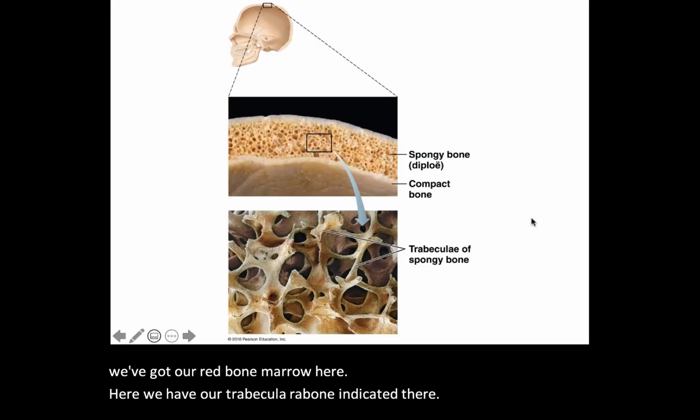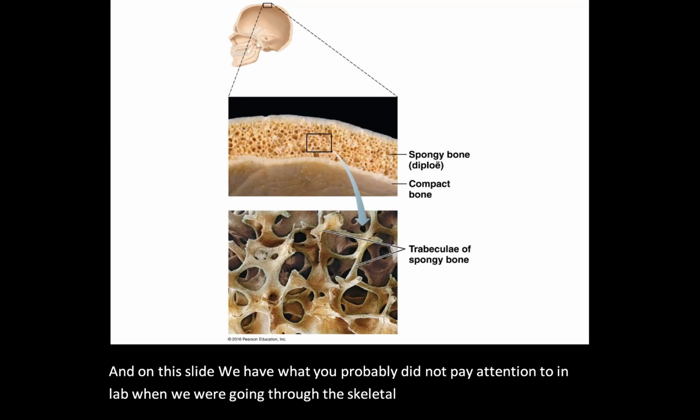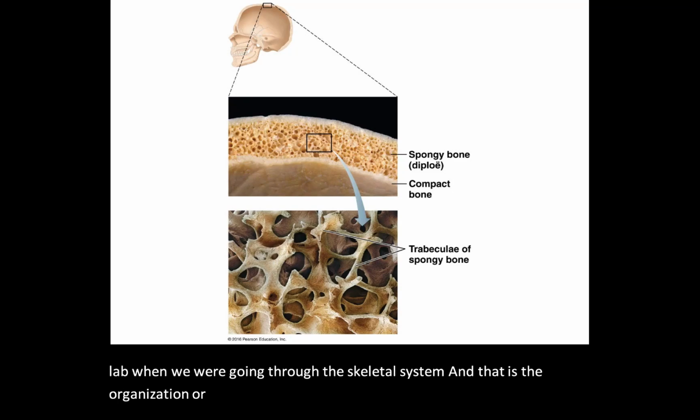And on this slide, we have what you probably did not pay attention to in lab when we were going through the skeletal system, and that is the organization or the arrangement of the cranial bones, which again are a type of flat bone.